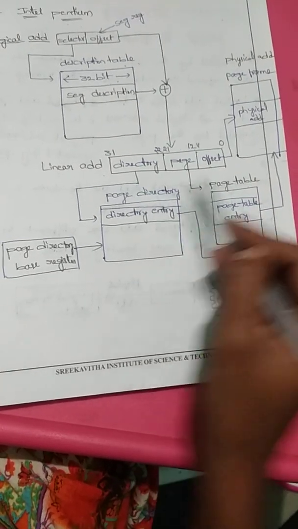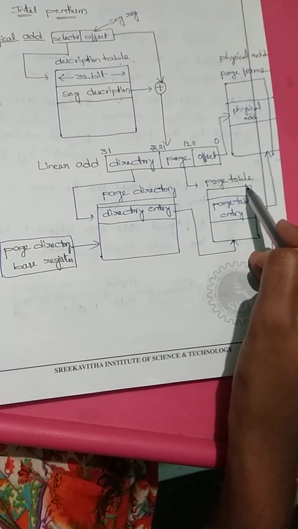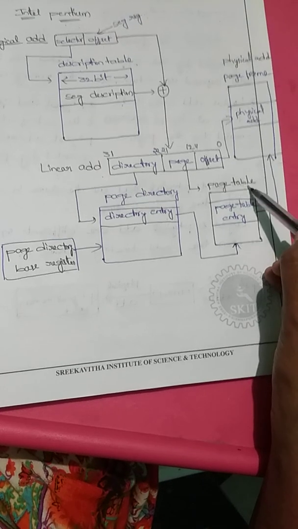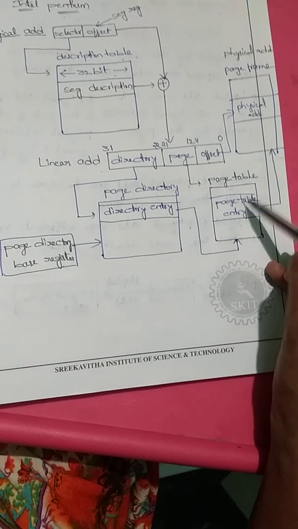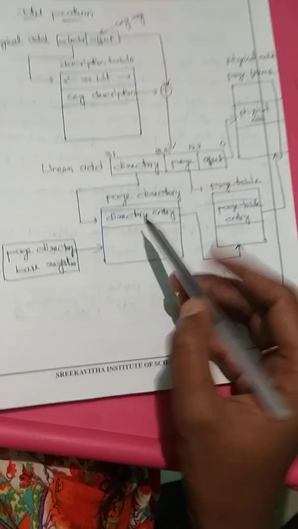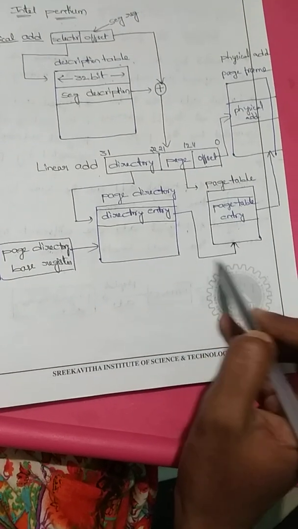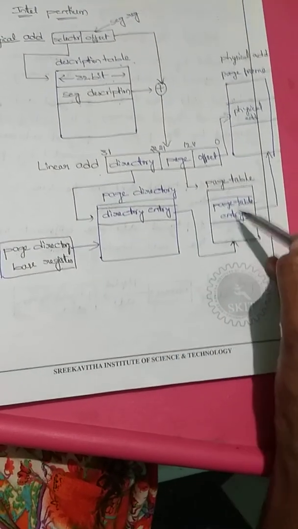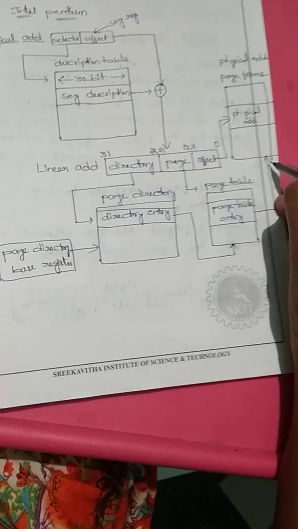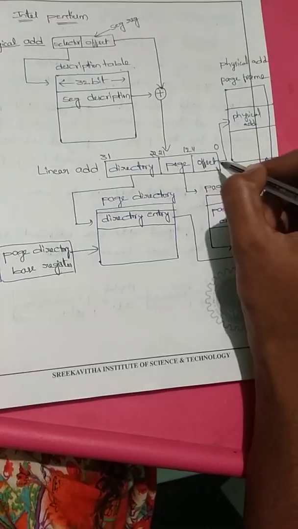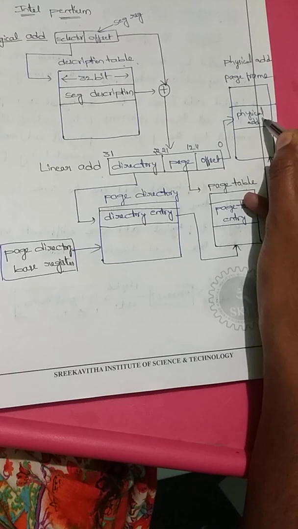In the same way, for the page we are having the page table, and this page table has the page table entry. Whatever pages are introduced, that particular entry will be written here. So the directory entry will point to the page table, and this particular page table will point to the physical memory, and this offset will point to the physical address.